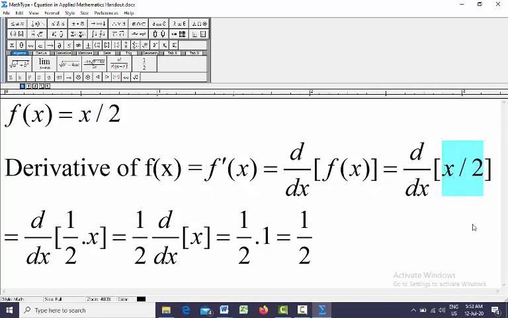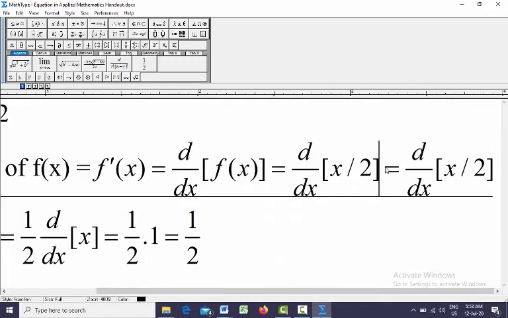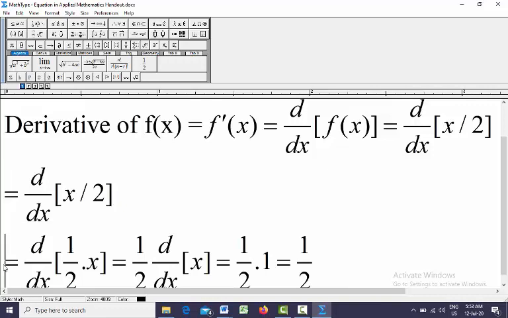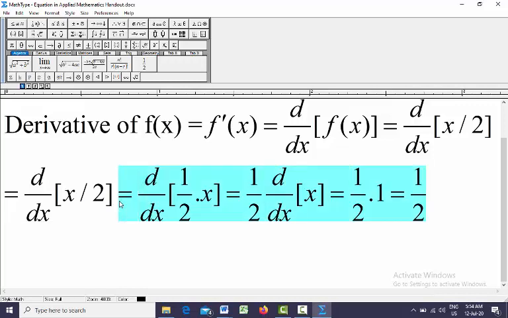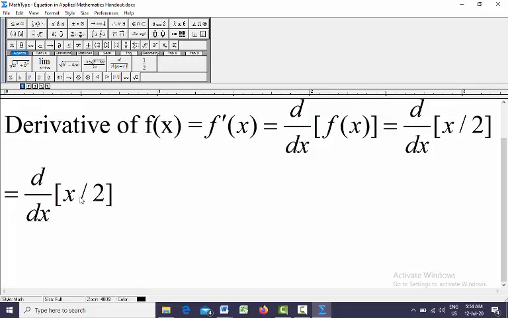That means you need to do differentiation of x by 2, which can be written as x by 2. Right.